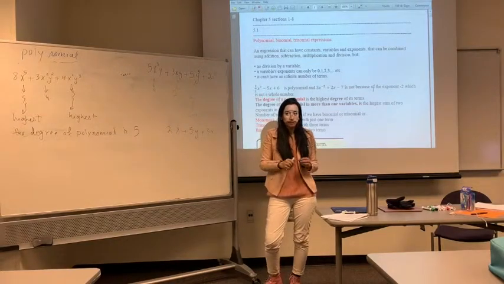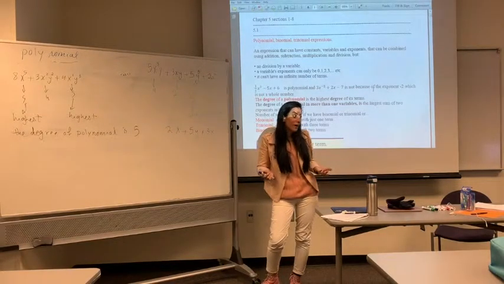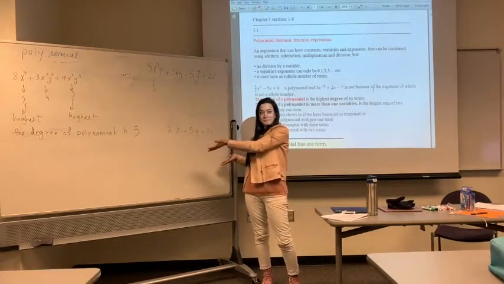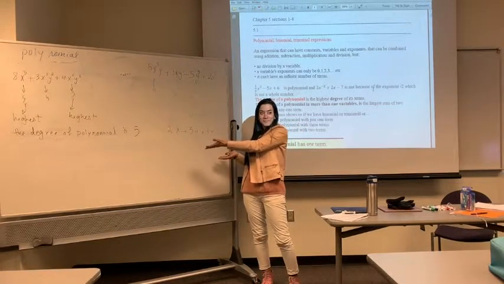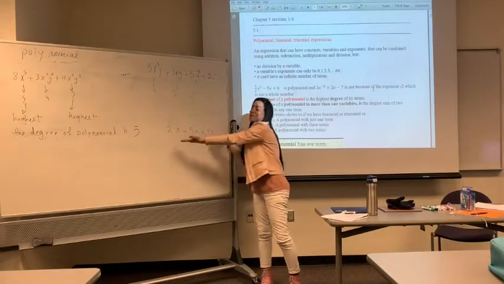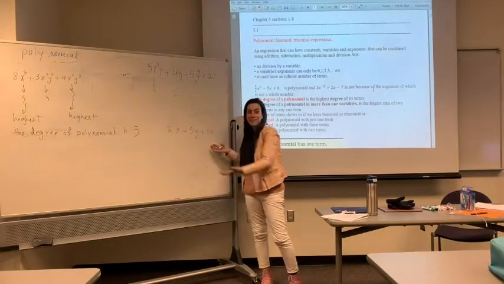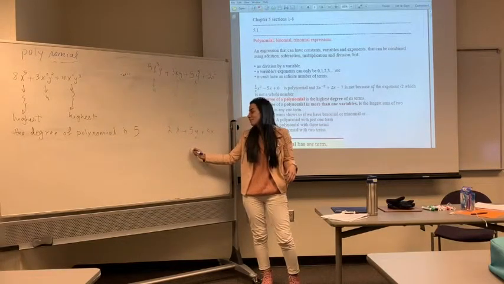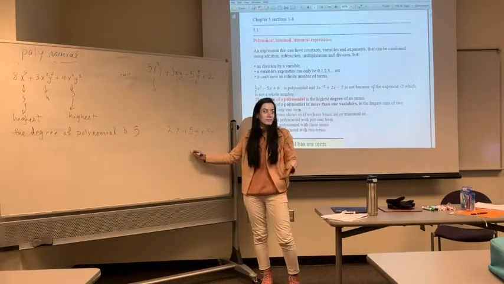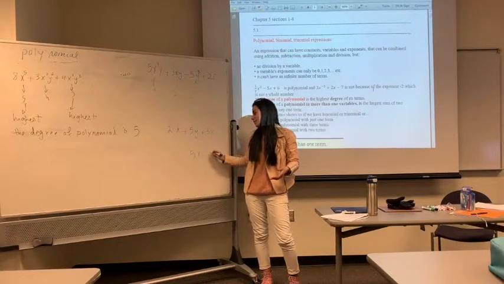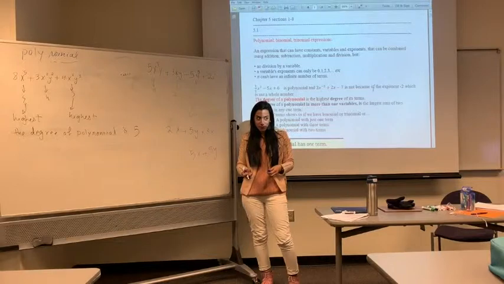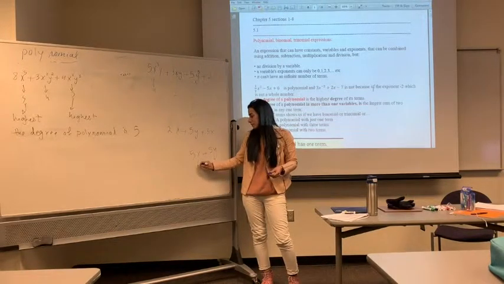First of all, if we want to do an operation on this, we have two similar terms here, so we have to combine them. How many x do we have? 5x plus 5y. So what is the degree of this polynomial? 1, because both of them are 1.